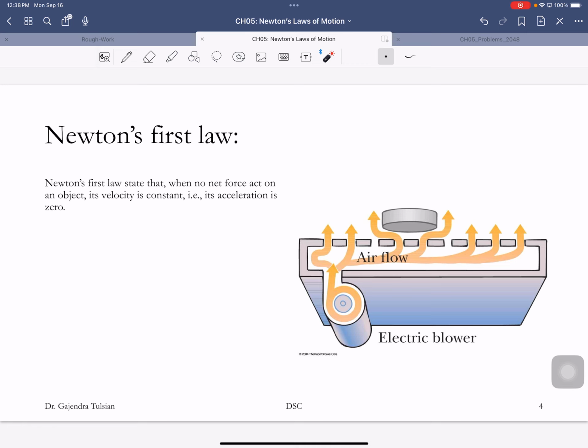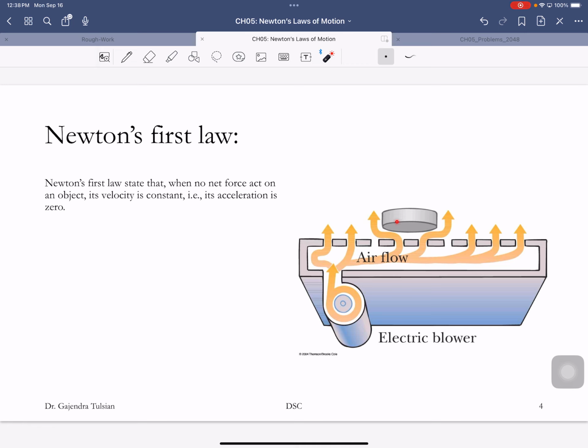Why did it come to rest? Friction. In real life it's very hard to avoid friction. But what Galileo realized, in the limit as you keep reducing friction, is the following law, which we now call Newton's first law.